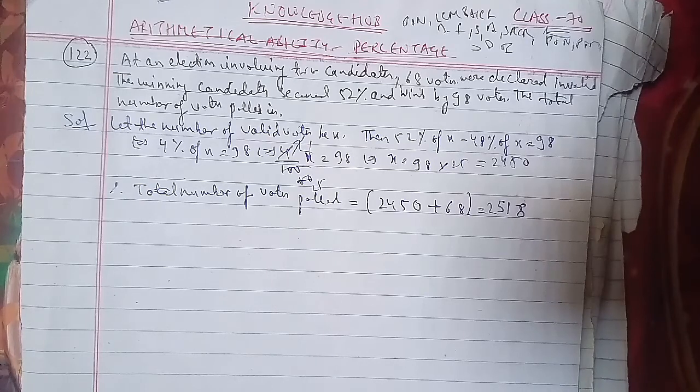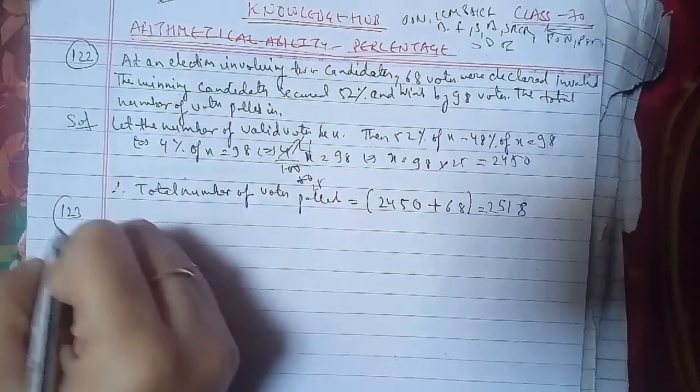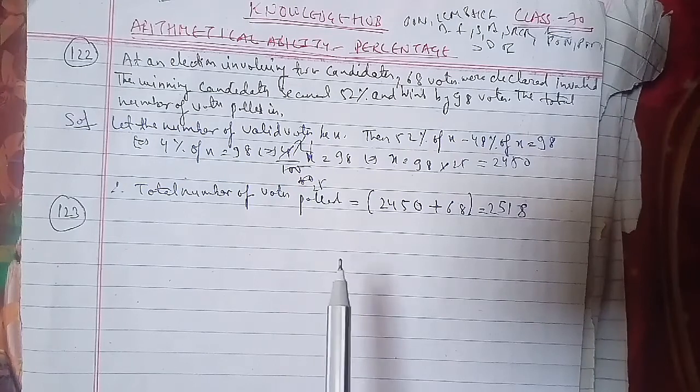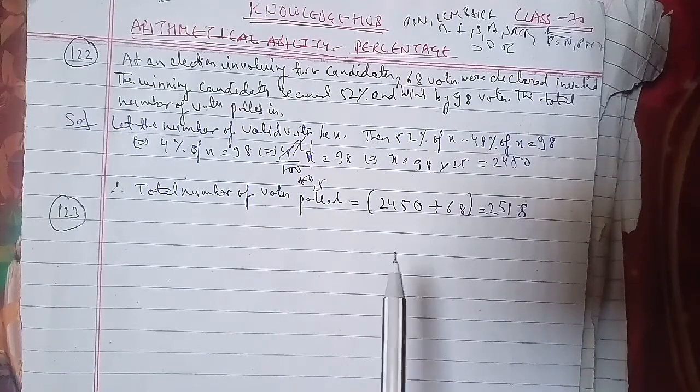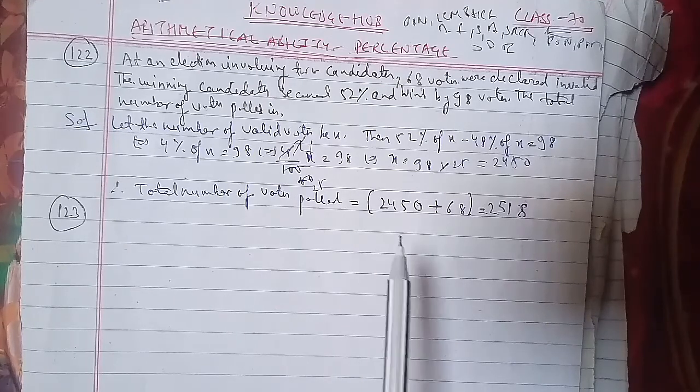We'll go ahead further, to another important question, which is the 123rd question of the session. 10% of voters did not cast their vote in an election between two candidates. 10% of the votes polled were found invalid.